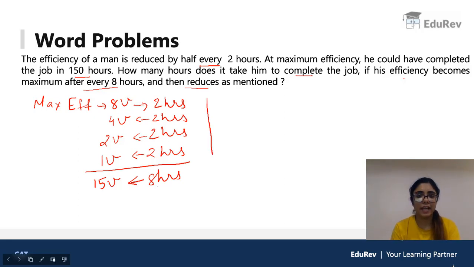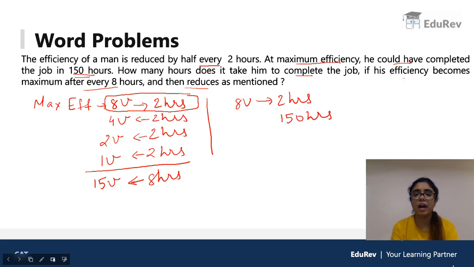But having said that, they have also specified that at maximum efficiency, he could have completed the job in 150 hours. So this is his maximum efficiency. If he worked at this speed, that is 8 units in 2 hours, he would have definitely completed the job in 150 hours.